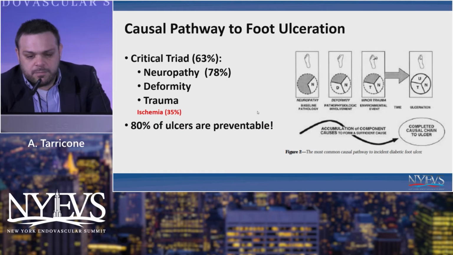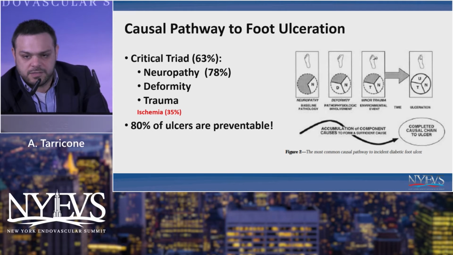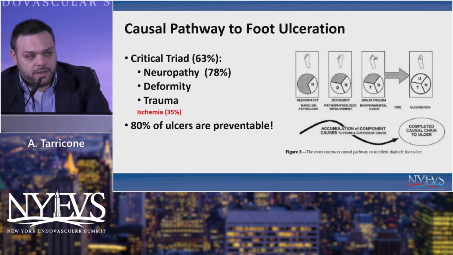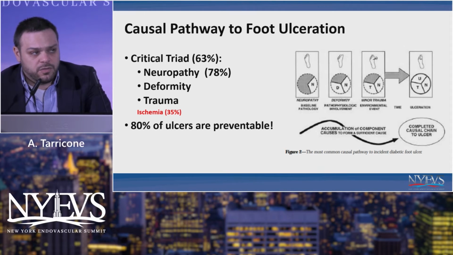So what is the pathway to these ulcerations, and how do we prevent it is very important. And there's a critical triad of symptoms that can happen here of neuropathy, deformity, and trauma that account for approximately 63% of the wounds that are seen, with neuropathy being the main player at 78%.